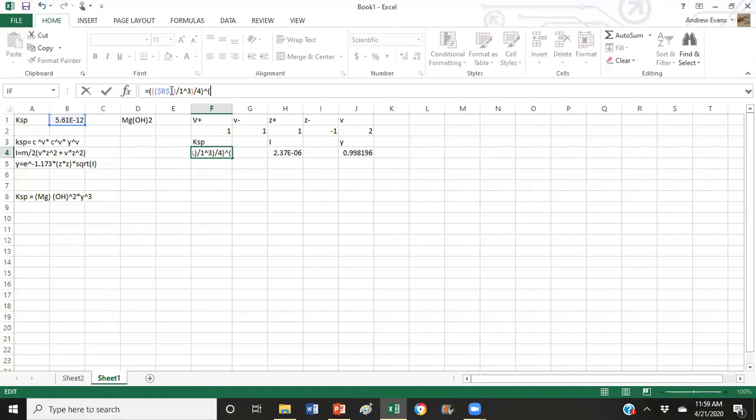So the actual concentration right now is 1.19 times 10 to the negative 4th.